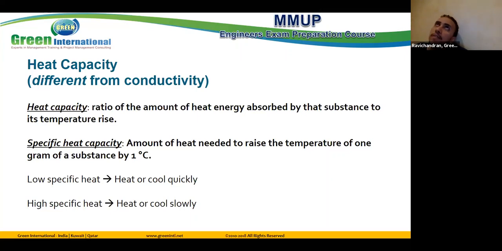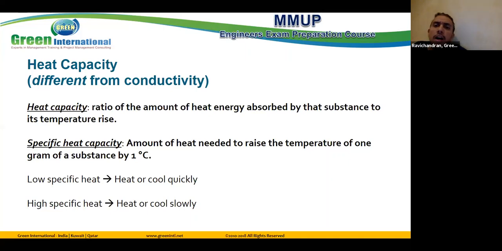Let me give you an example to be clear. For example, aluminum. If you cook some food in aluminum and some food in copper, when you heat the copper and the aluminum, both are highly conductive.